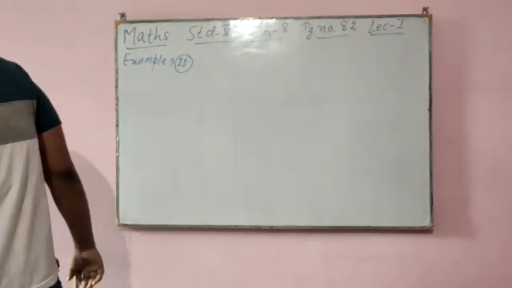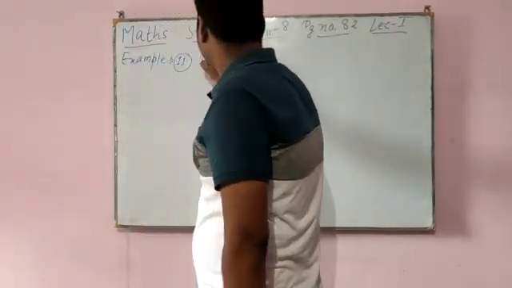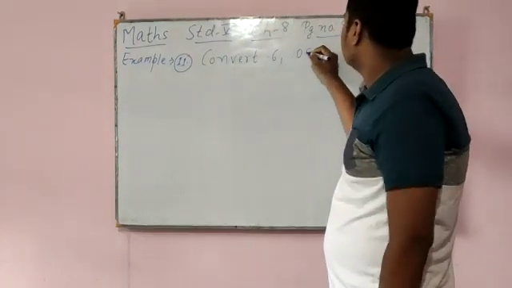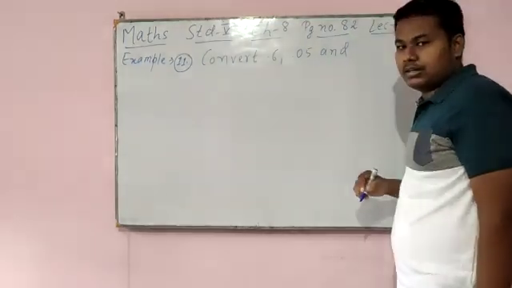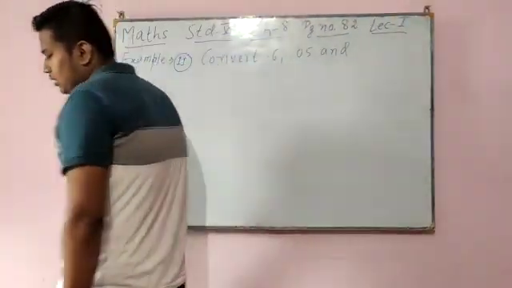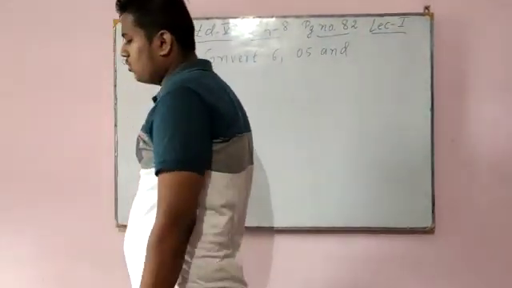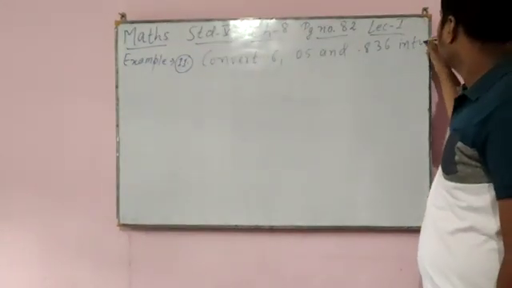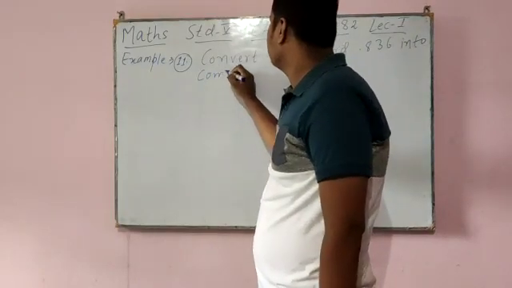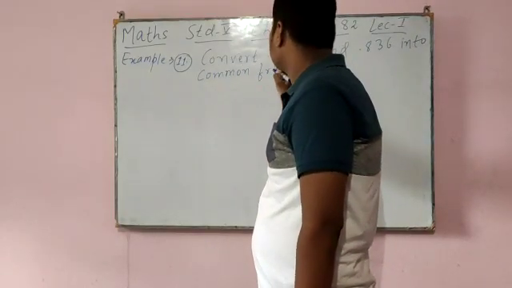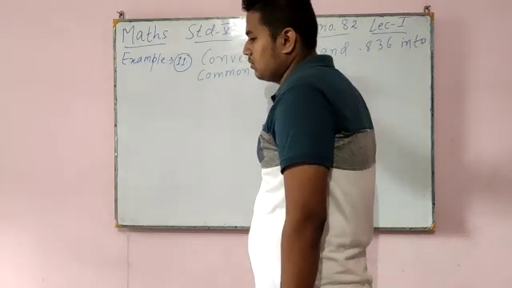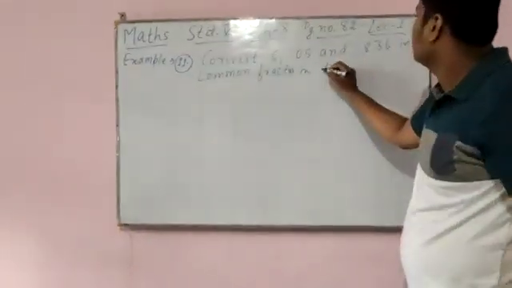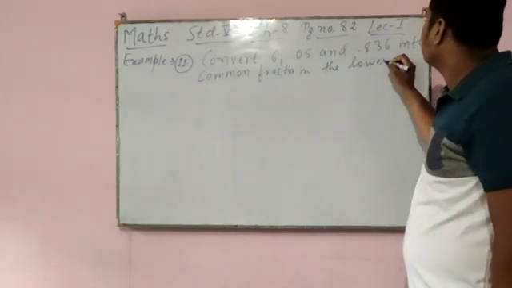Convert decimal 6, decimal 05 and decimal 836 into common fractions in the lowest form.